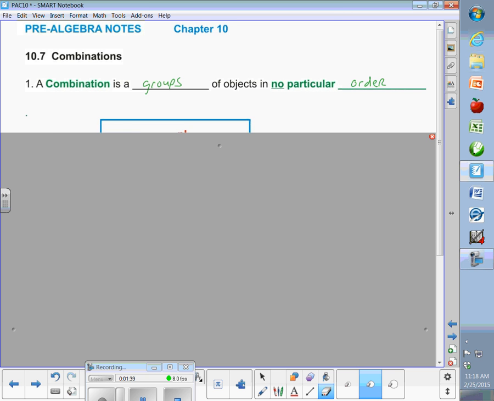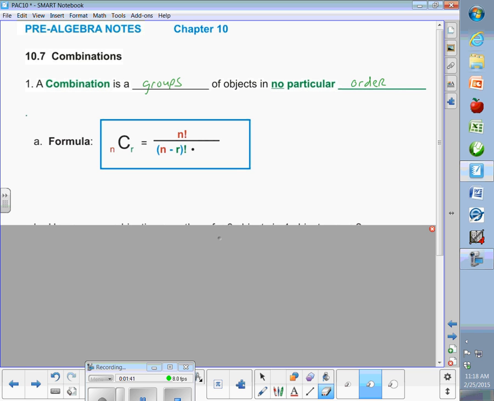Okay, formula. It's there in your notes, and it's going to look similar. Notice the part I have there for you already. Again, you don't need to write this. This is the permutation formula, isn't it? One little addition gives you the combination formula.